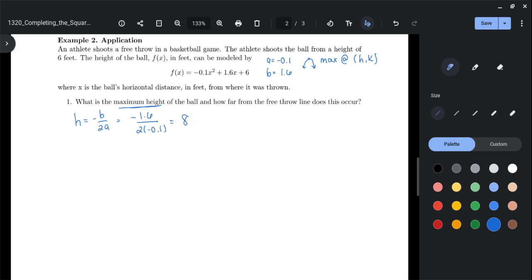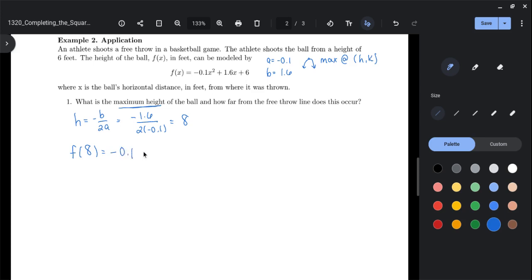And then we can now find our k, or our y value of our vertex, by plugging this value 8 in for x in our original equation. So f of 8 is going to be equal to, so now I'm replacing x with 8 in my original.